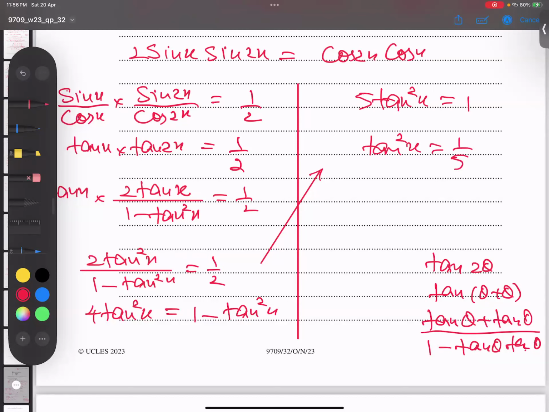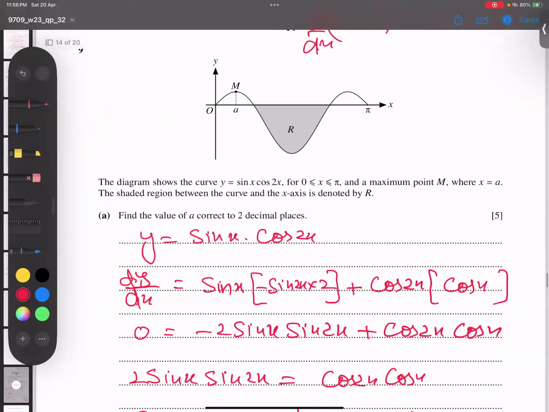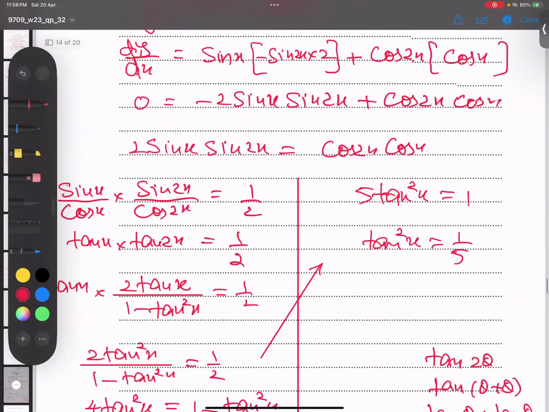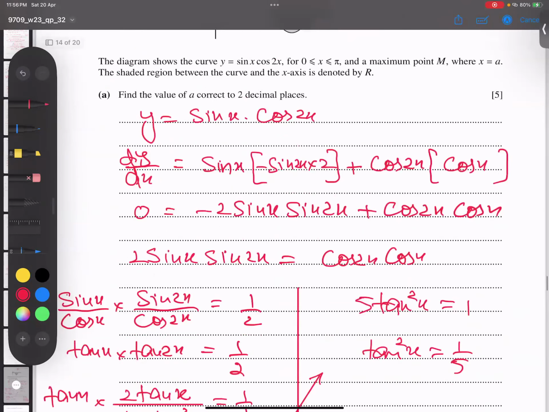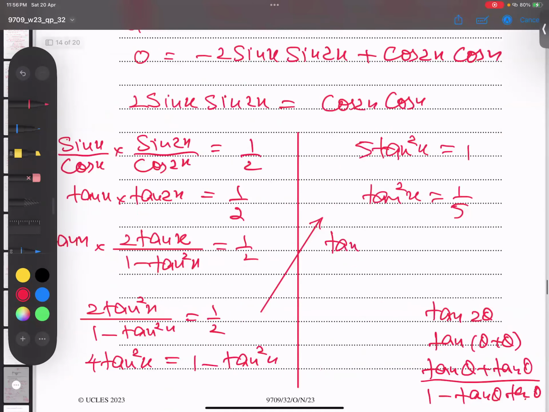Taking the inverse, I get 2 answers. So tan x equals 1 over root 5, and tan x equals negative 1 over root 5.